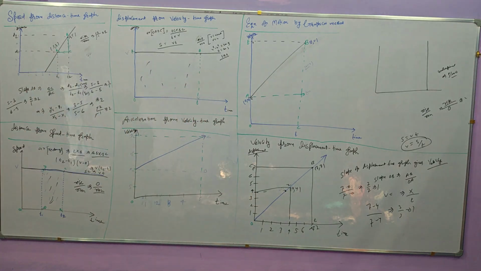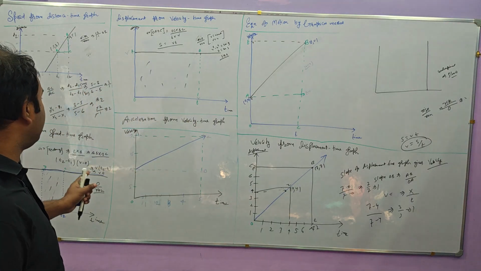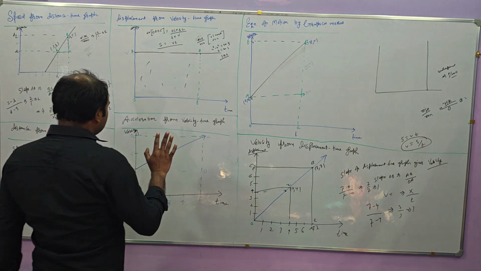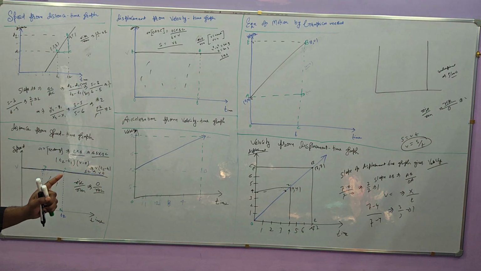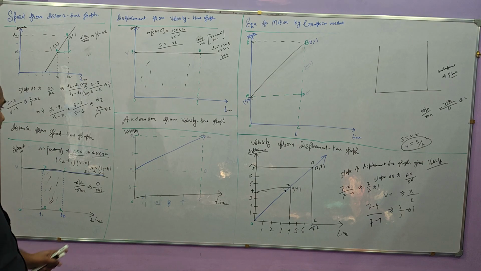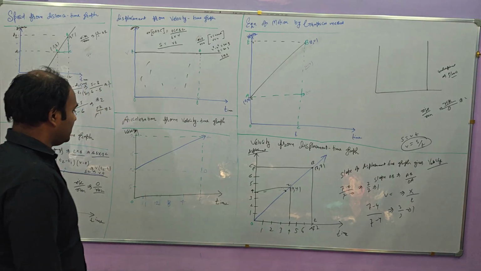Now, acceleration from the velocity time graph. In a velocity time graph, the slope of the VT graph gives acceleration.